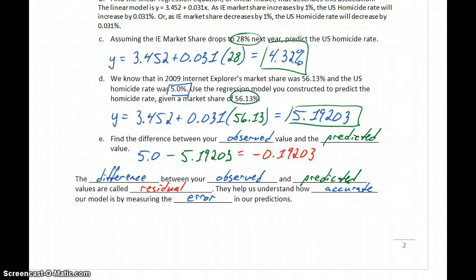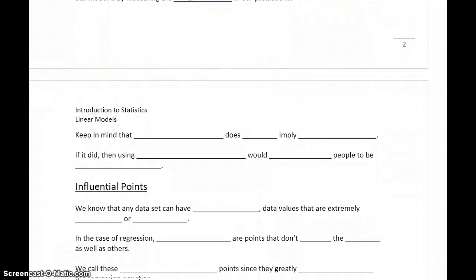But one thing to keep in mind is that we can only calculate residuals for our known values. For the 4.32% we calculated, there's no way to verify how accurate that prediction is until the market share actually drops to 28%, and then we could compare our prediction with reality. So we have to look at the values we do know, calculate those residuals to see how good or bad our predictions are, and use that to infer whether our future predictions are good or not.